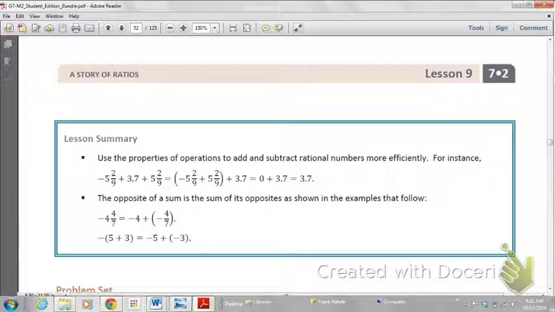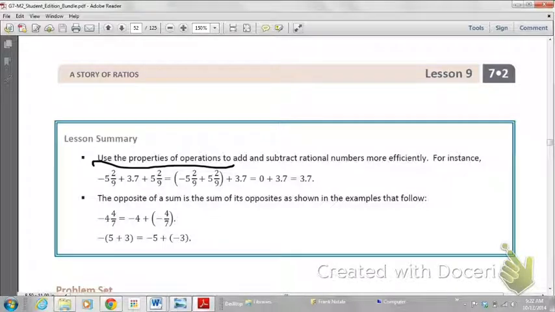Okay, so in summary here, I just want to implore that you do use the properties of operations that we have looked at more deeply in this lesson than the others that preceded it. Those properties such as the commutative we use quite a bit. The opposite of a sum is the sum of its opposites.